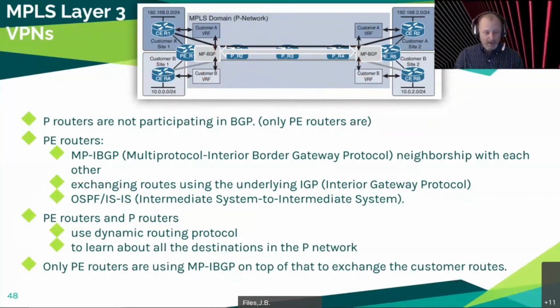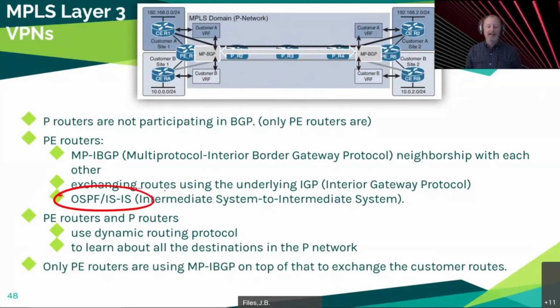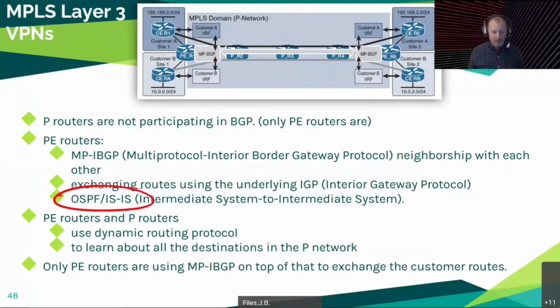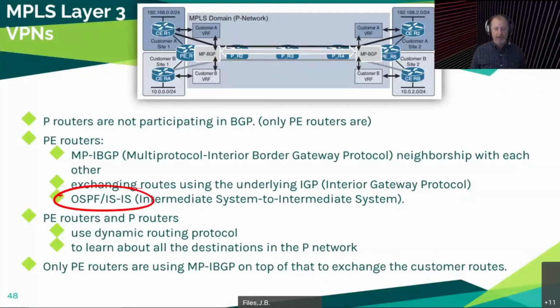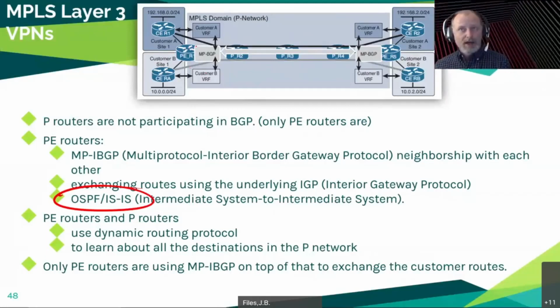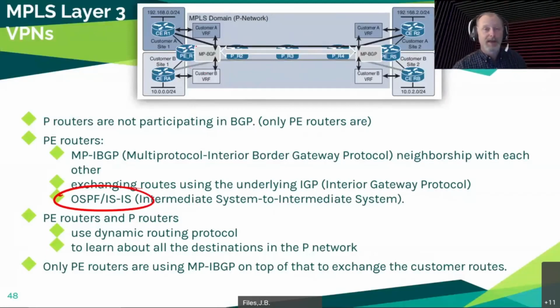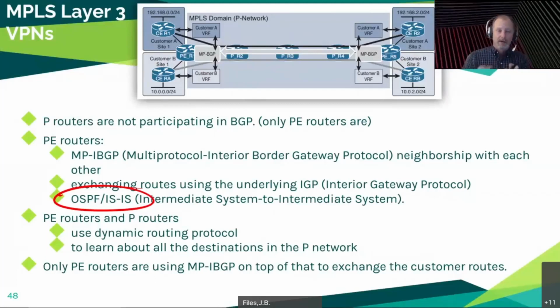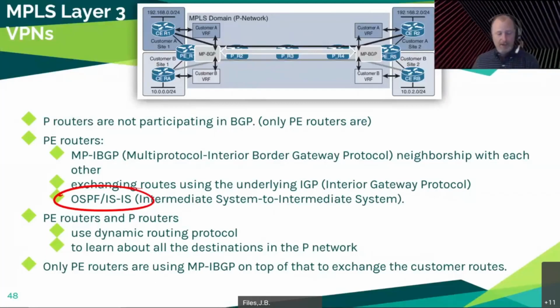The service provider is using OSPF or ISIS to advertise all of its internal networks. Okay, then MPLS is built on top of that to create label switched paths. Okay, now switching gears.